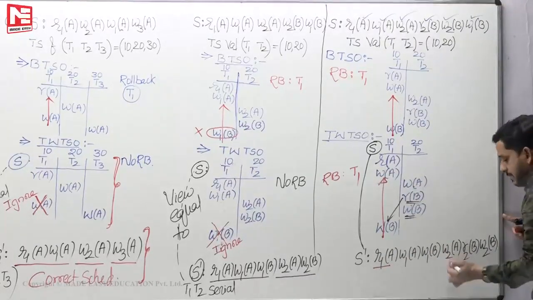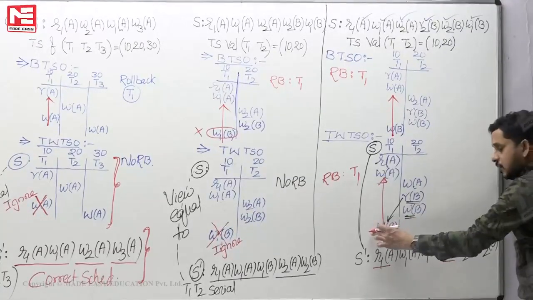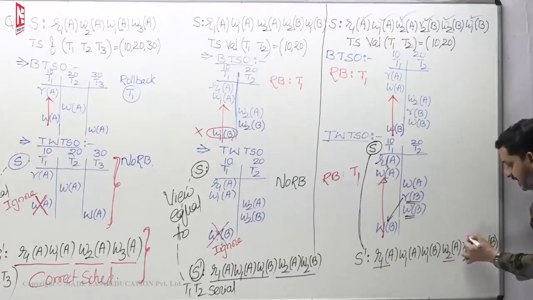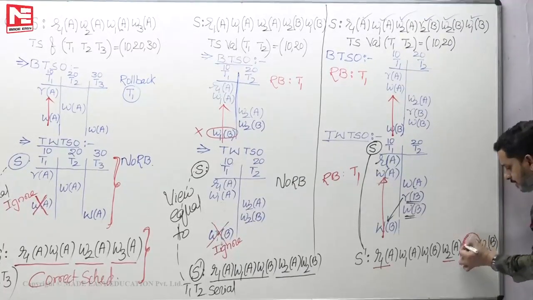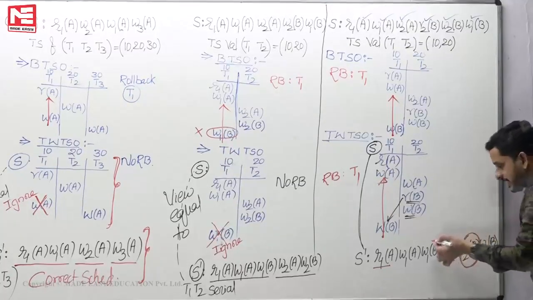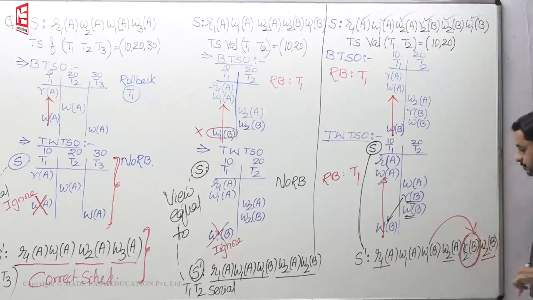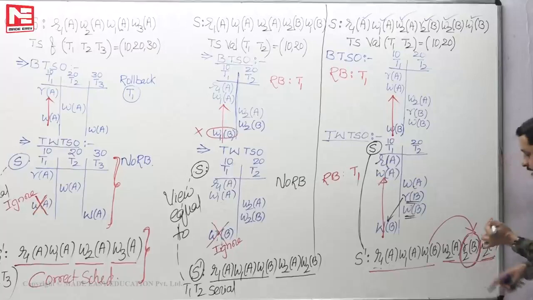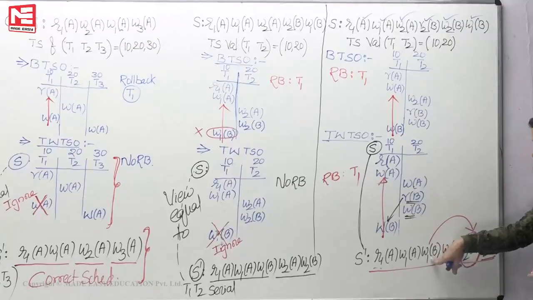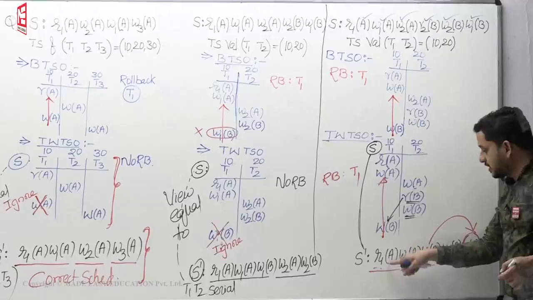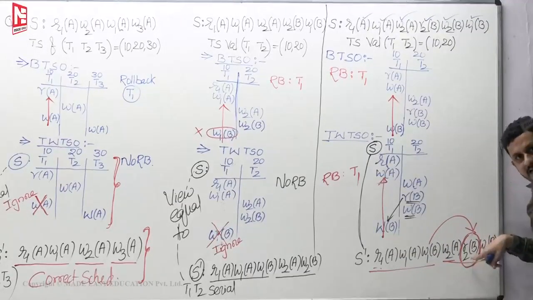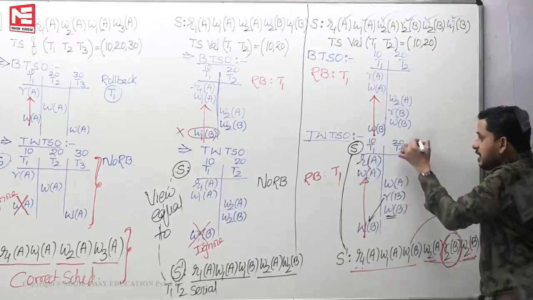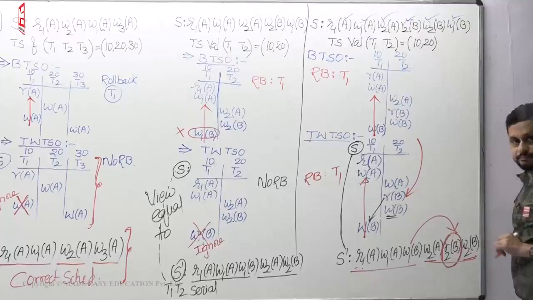The final write of A is the same as this final write of A. If we ignore this, the final write of B is the same as the final write of B. The problem is with this read B. According to this serial, T1 followed by T2, T2 reads the value updated by T1. If transactions are executed serially, T2 should read the data updated by T1. But according to the given schedule, the T2 read of B becomes an initial read.